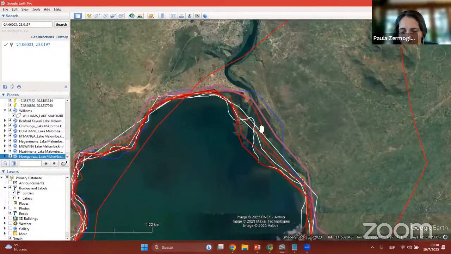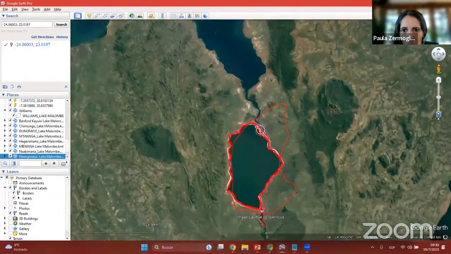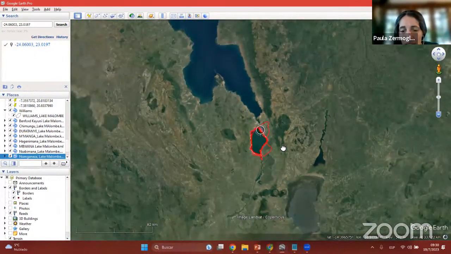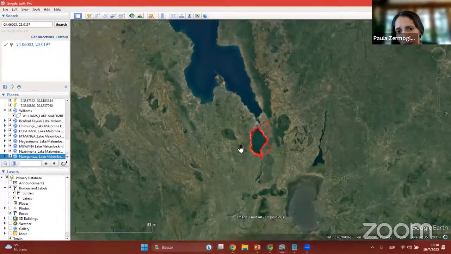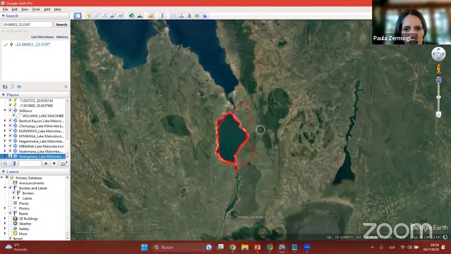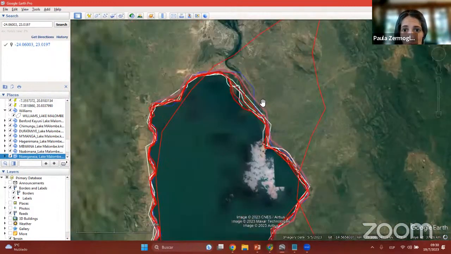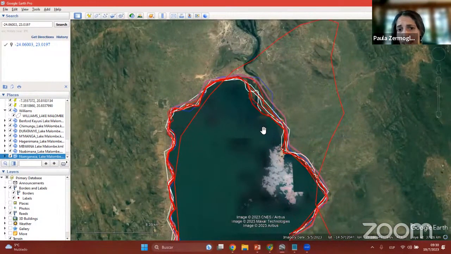For example, if I zoom in or out, it seems that all of the polygons get the lake very well. Now, if we go into the details of it, we can see that there are some areas where every polygon is absolutely different from the rest.